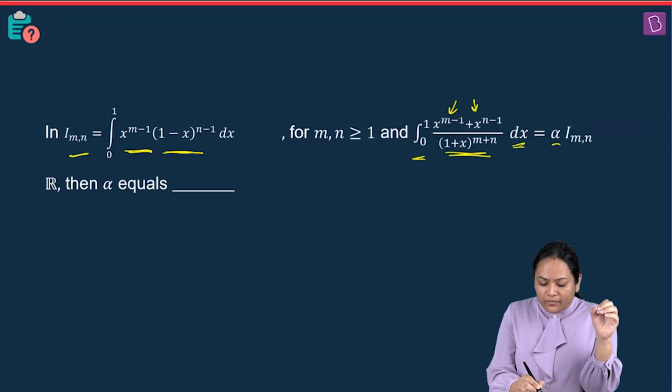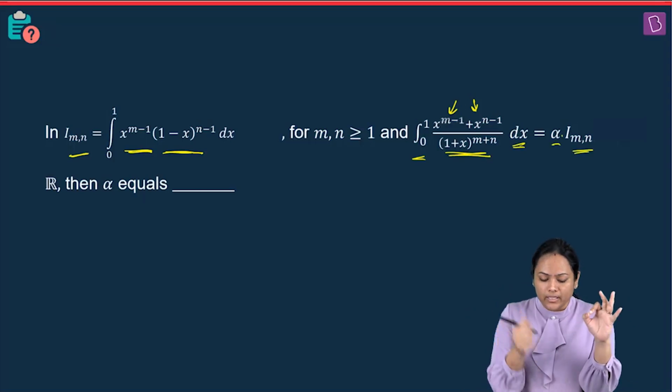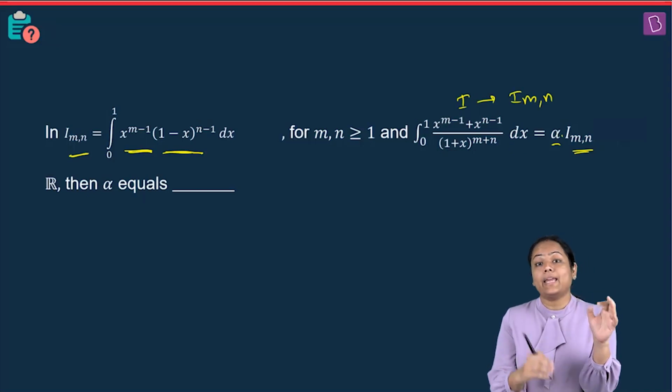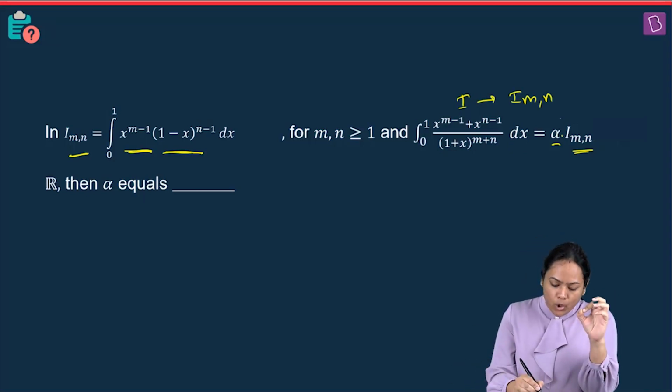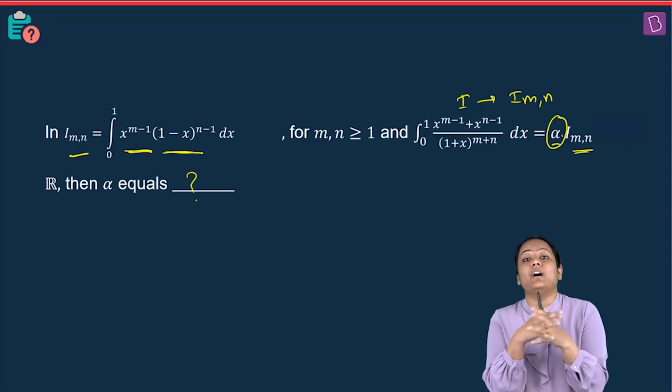This is equal to alpha times I_mn. That means they want this integral I to be expressed in terms of I_mn such that you get a constant alpha in front, and what they have asked is the value of alpha.